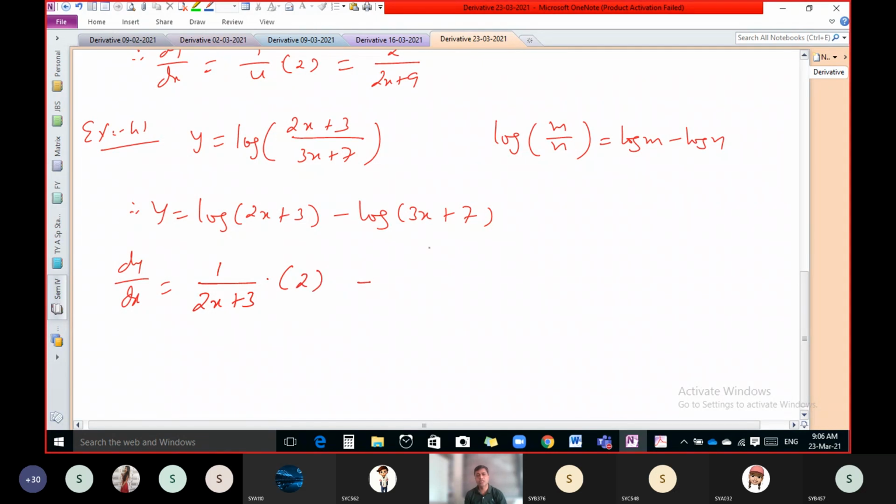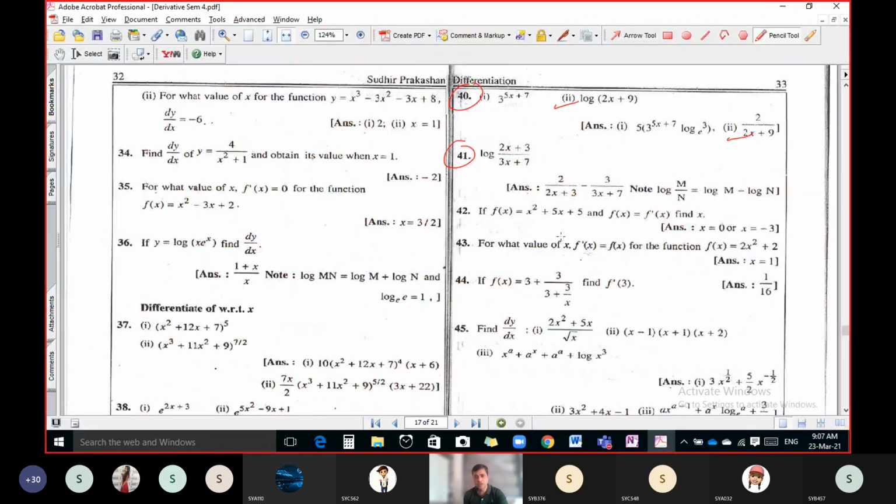Now tell me the answer for this directly. 1 upon 3x plus 7 into, sorry, don't forget the 3, multiply it by 3. Yes, correct. So my final answer is dy by dx equal to 2 upon 2x plus 3 minus 3 upon 3x plus 7.